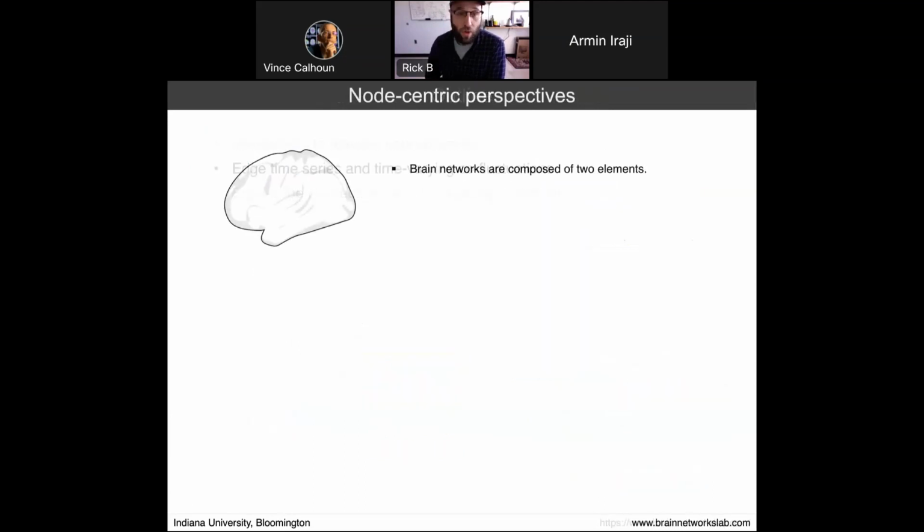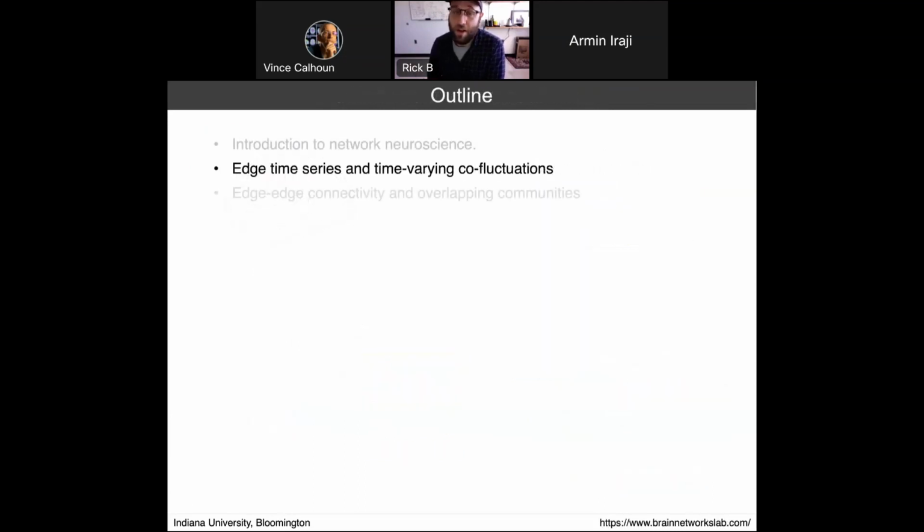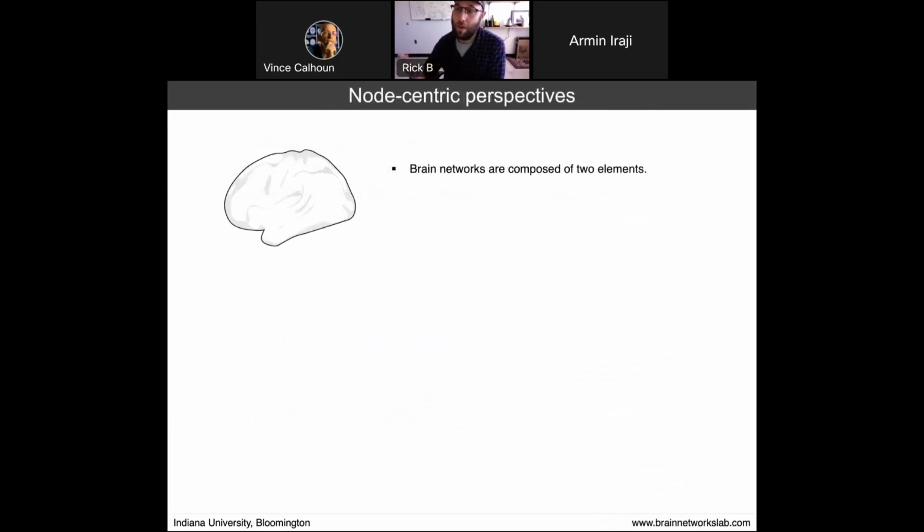Okay, so what I want to talk about first is I want to introduce our edge-centric framework through the construct of edge time series. Now, to understand this well, to understand what makes the edge-centric perspective useful, it's useful to contrast it with traditional, what we call traditional node-centric perspectives.